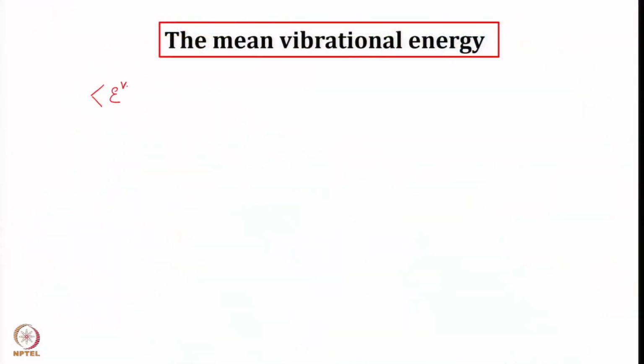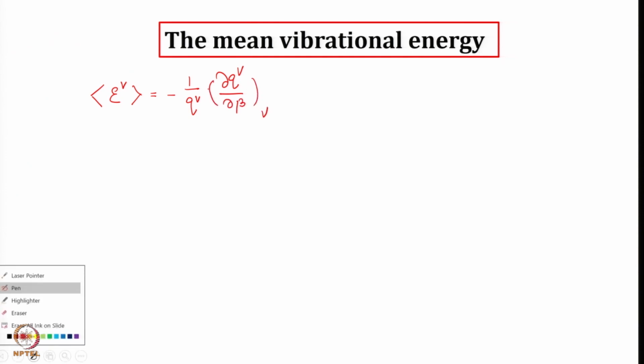Mean vibrational energy will be equal to minus 1 by QV into del QV over del beta at constant volume. Don't mix this V with this V. By this V means vibrational contribution and this V means constant volume.